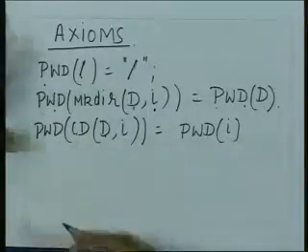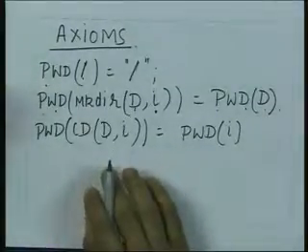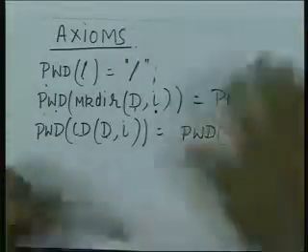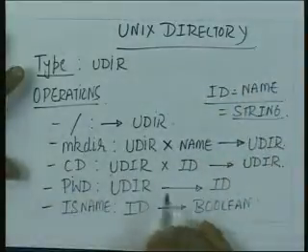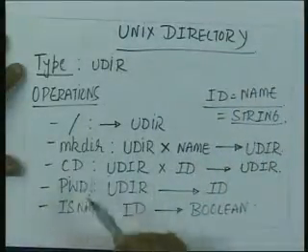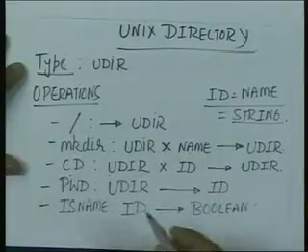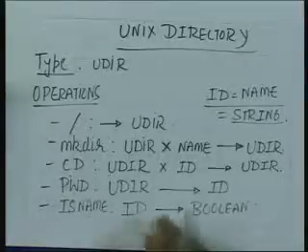Similarly, we can write out a set of other axioms that will essentially give us some correctness criteria on the Unix directory structure that we just wrote out on the last slide. Just for reference, I am just reproducing this one, and it looks like we had all the operations. One of the other operations that we can choose to define, for example, is the notion of an up operation, right?